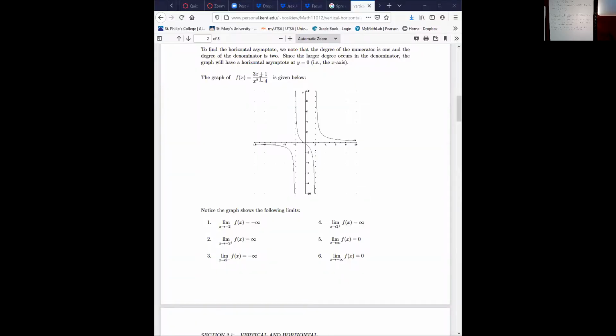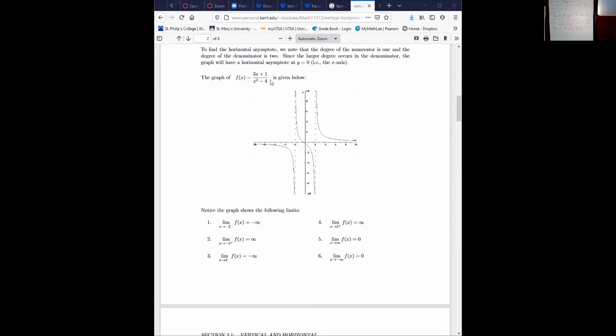So if you give something like this, if you're given a graph, it's pretty easy to tell. So let's see what the dotted lines are. I can't cross them. So the vertical asymptotes would be x equals 2, x equals negative 2. Those are the two. Okay, and if you see one going across, well, that's the horizontal. So when you have a graph, it's no big deal.